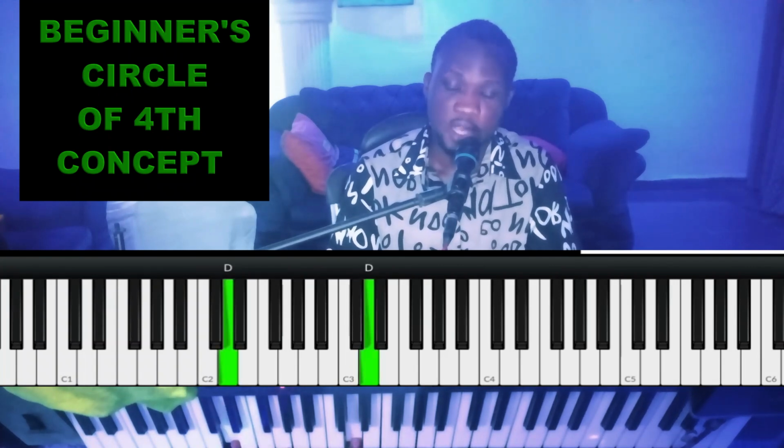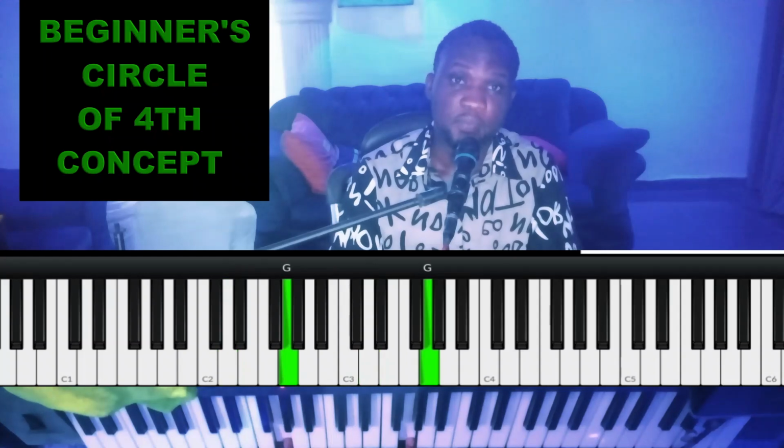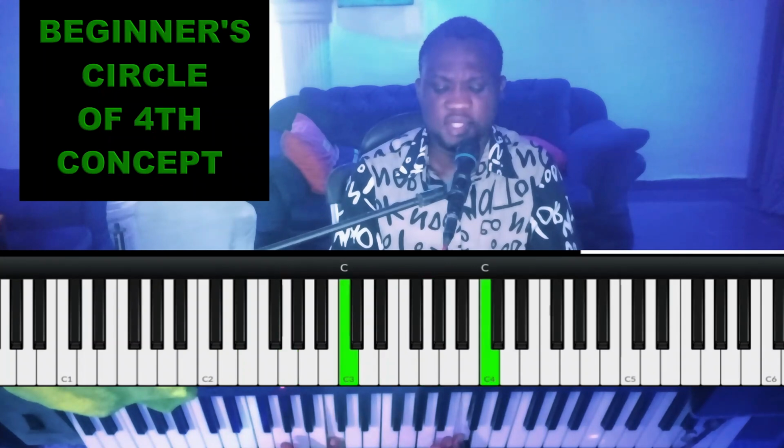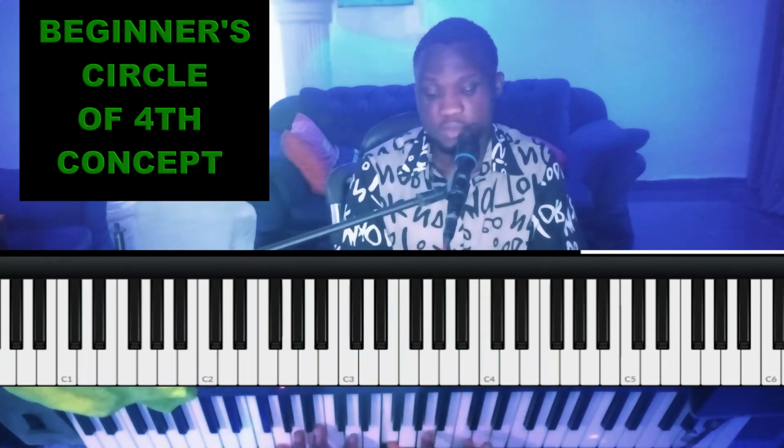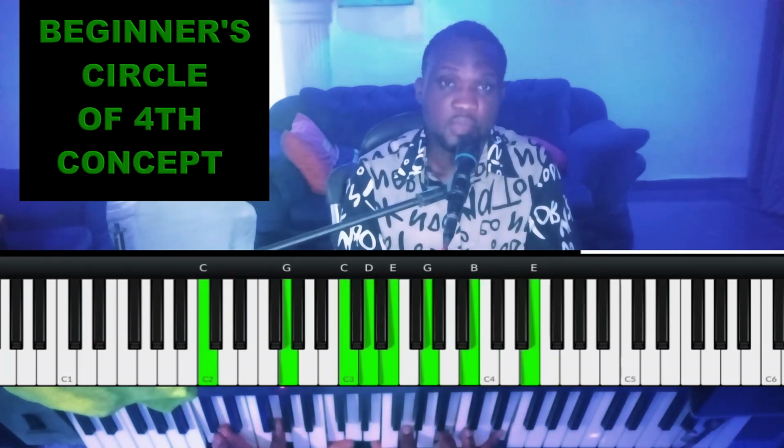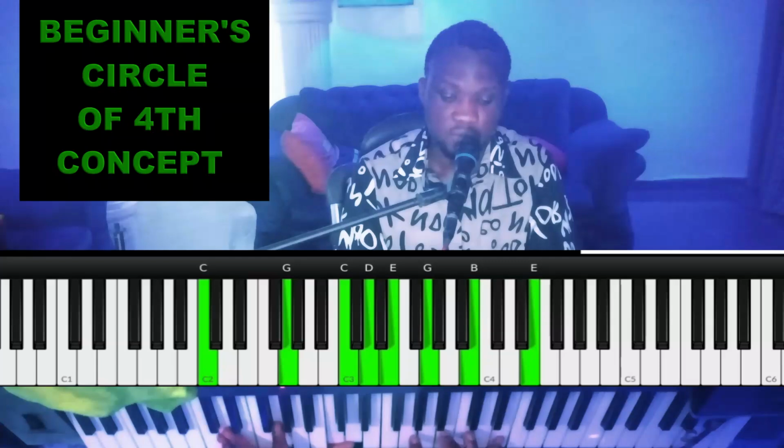So we have D. The perfect fourth away from D is G, and the perfect fourth away from G is what? C. So your 251 is a derivative of the circle of fourths.